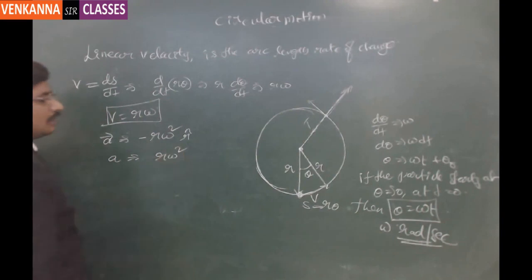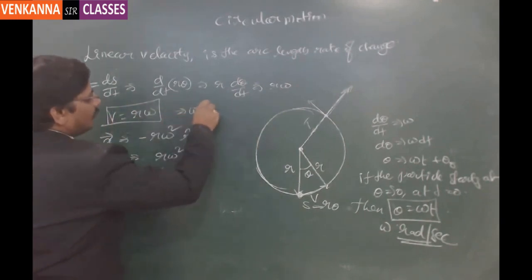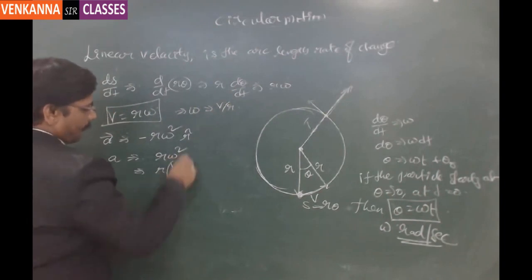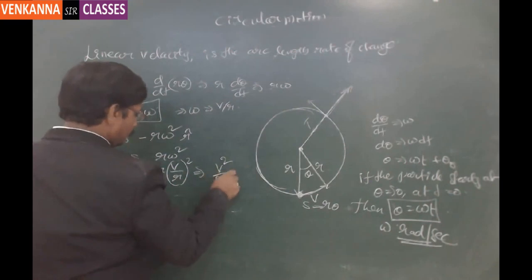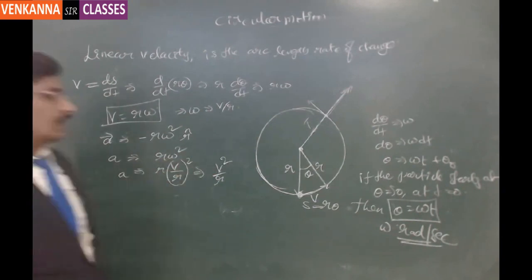So this acceleration A is equal to r into omega, which can be treated as V by r, whole square. So this is V square by r, the acceleration. This is the centrifugal or centripetal acceleration. By magnitude, it is equal to V square by r.